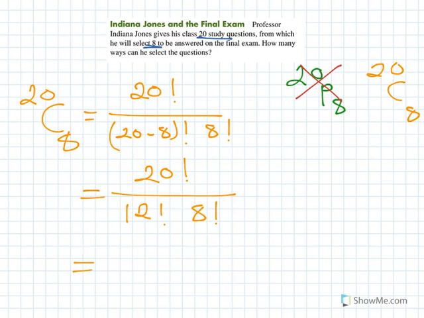So 20 factorial over 12 factorial times 8 factorial. So this gives 125,970. So it turns out that this Indiana Jones teacher has 125,970 ways he can choose questions just out of 20 questions. He can select 8 how many times?